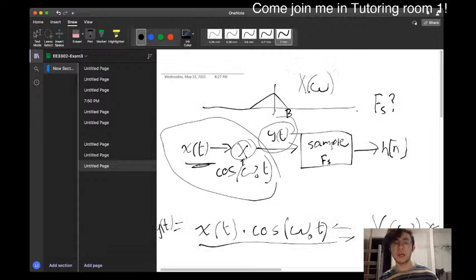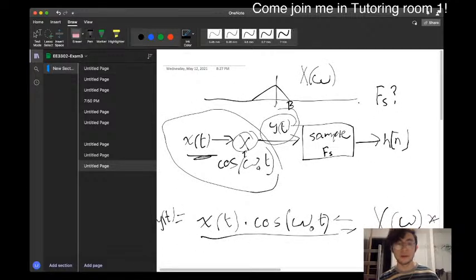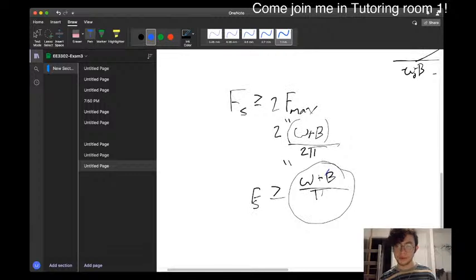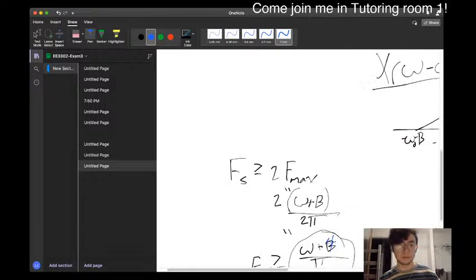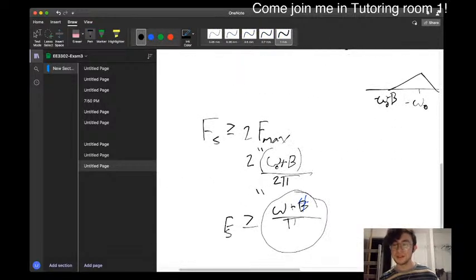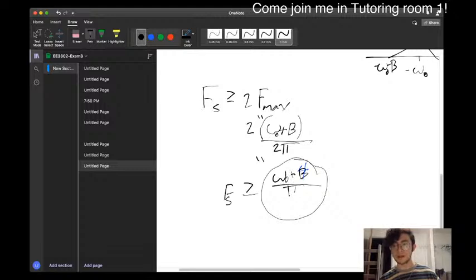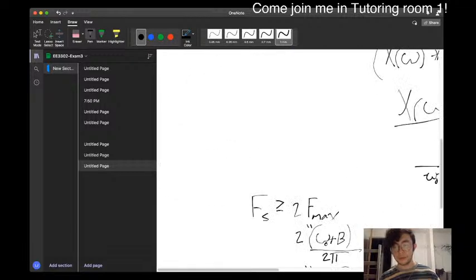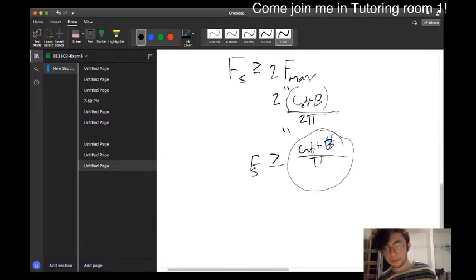So if we were given a bandwidth of 4, then we get 4 here. Oh wait, I dropped a naught. Omega naught plus B, because that was the original frequency of our cosine. So if we have omega naught plus 4, our bandwidth, divided by pi, that should be our sampling frequency. We can choose any number here as long as it's over that value.